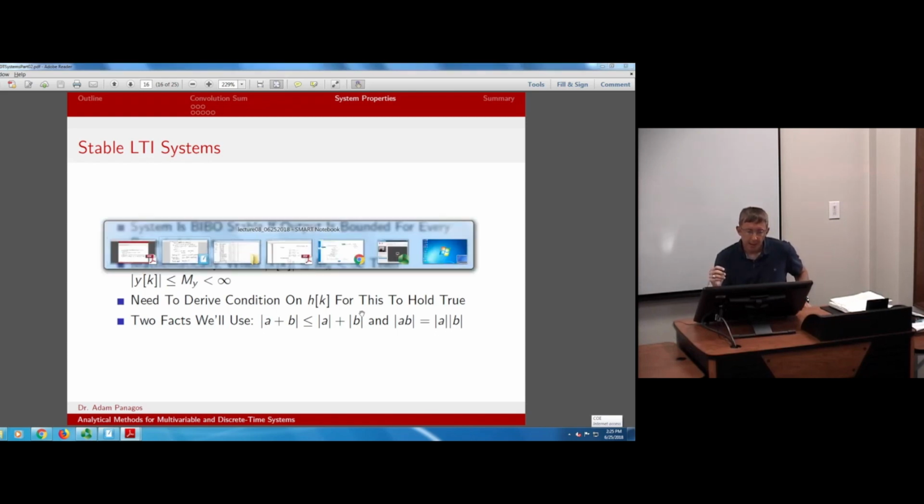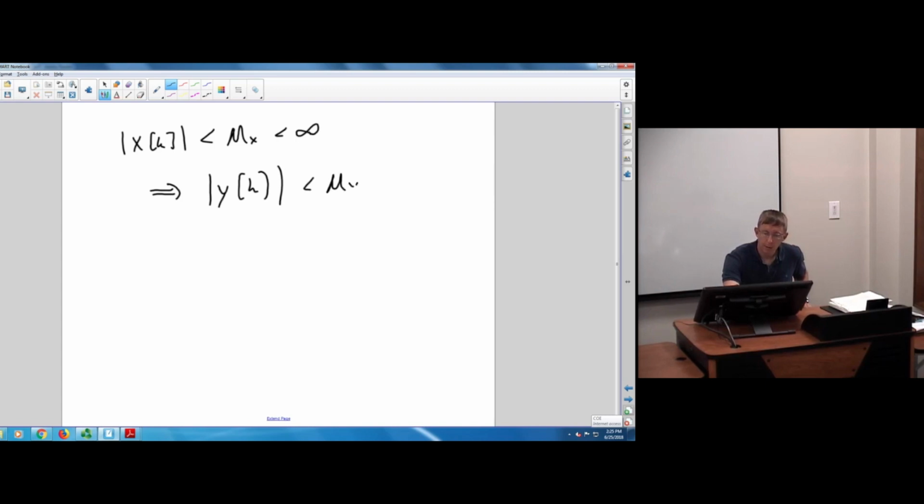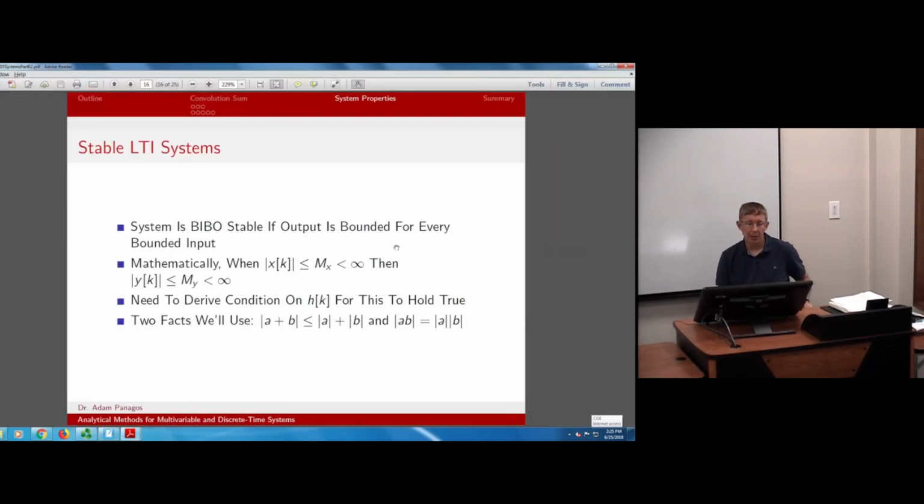We say that the input being bounded, x of k being less than some number, which is less than infinity, implies that the output is also. So BIBO stable means this is true. The input being bounded tells us that the output is bounded. That's what a BIBO stable system is.